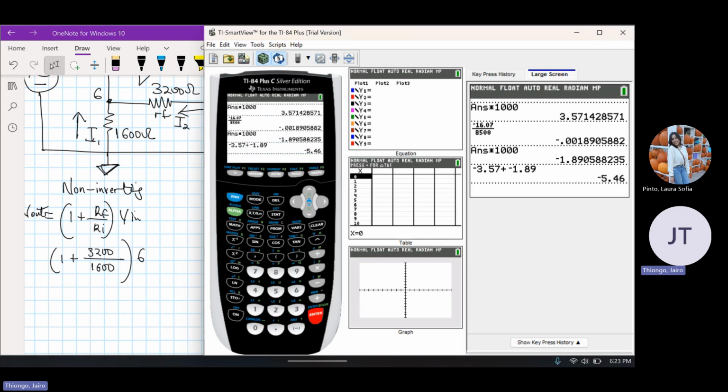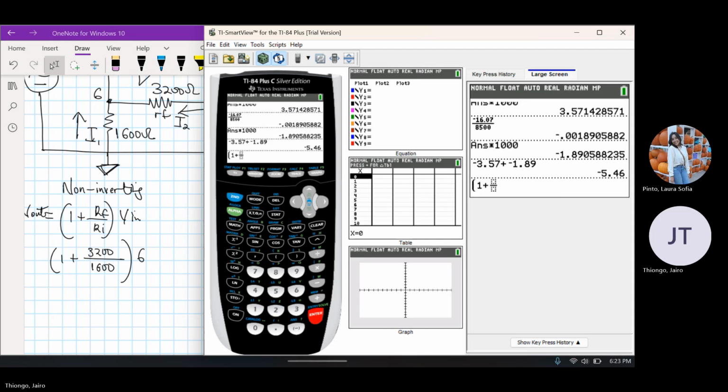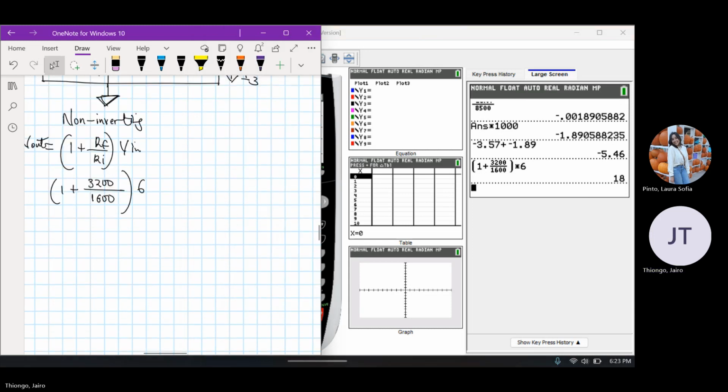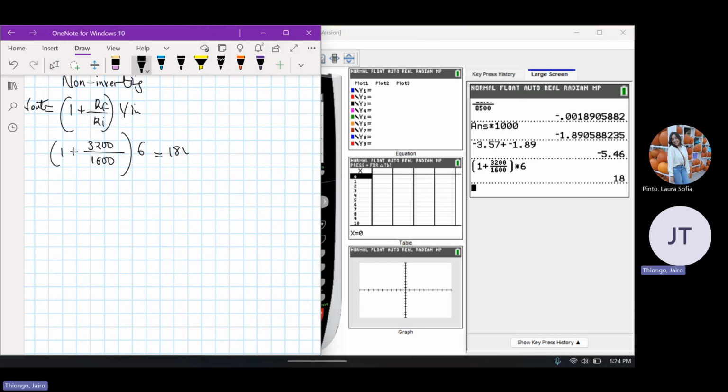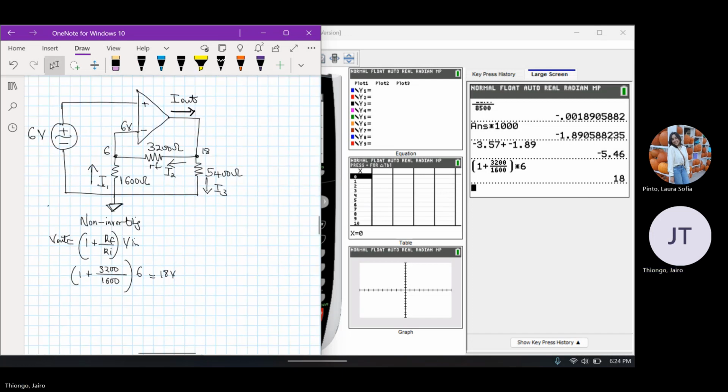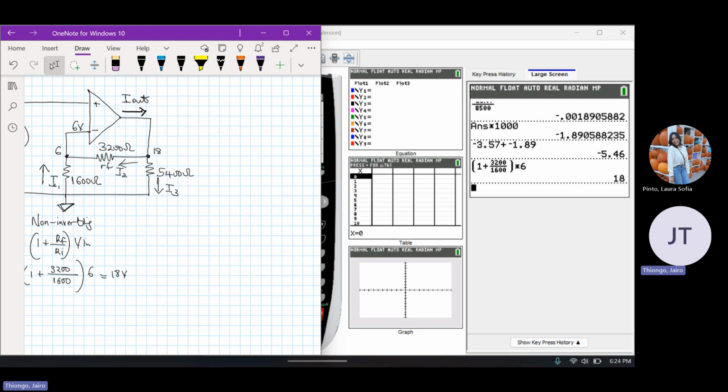We have 3200 over 1600 multiplied by 6, and you have 18. So 18 volts is our V out. We'll use a similar process. So V out is given as 18 volts.